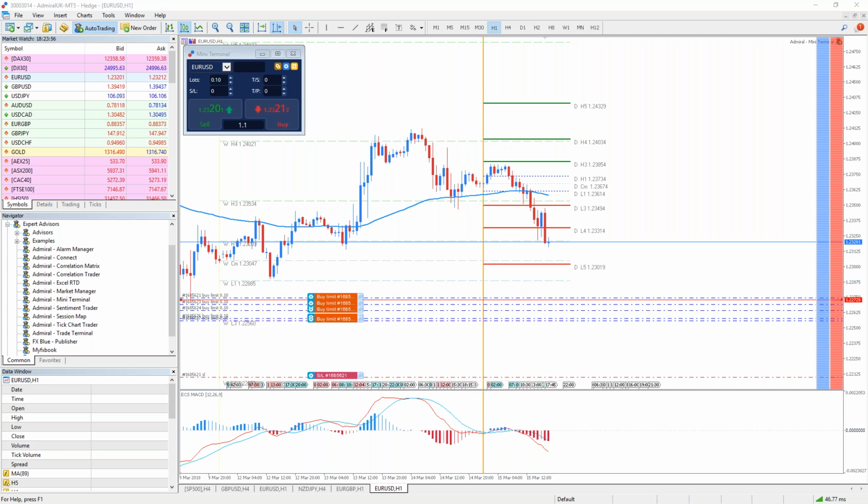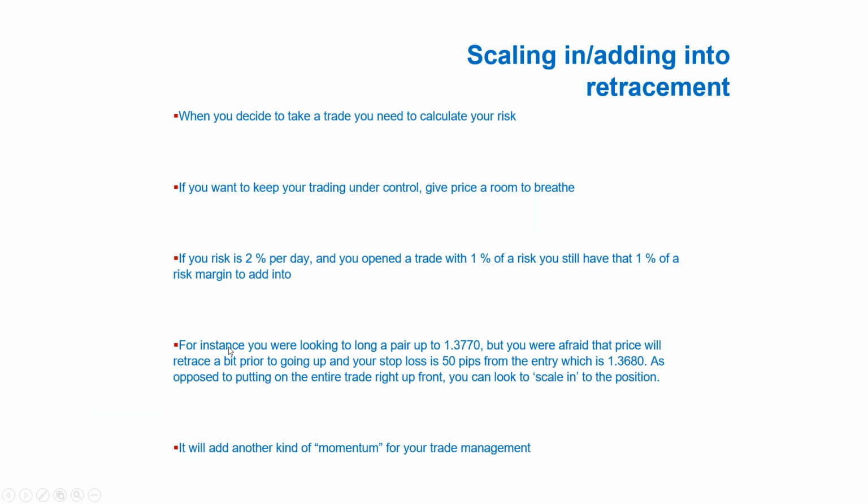Before you decide to take a trade, for example, if your risk is 2% per day and you open your first trade with 1% of risk, you still have another 1% of risk margin to add to your trade. So guys, my advice is please use your risk management.